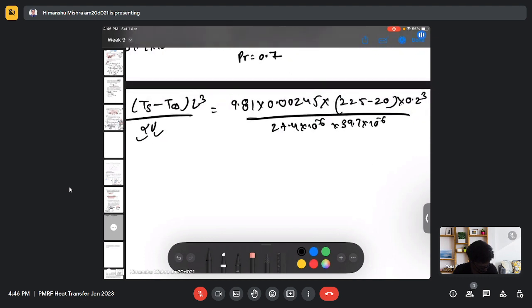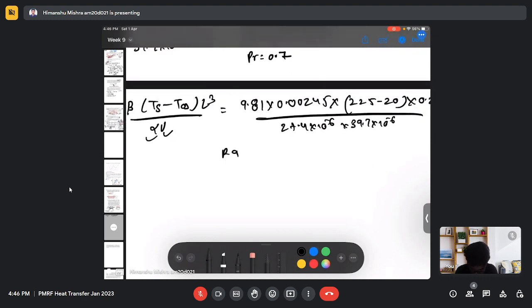On solving this, my Rayleigh number will be 6.35 times 10 to the power 5.